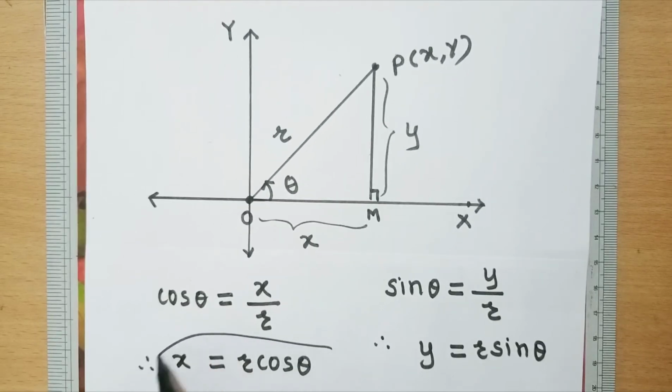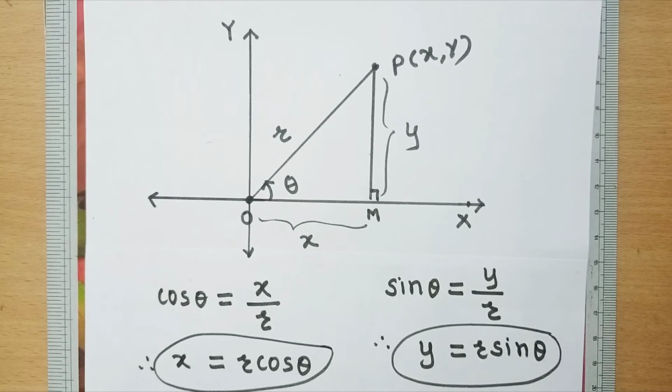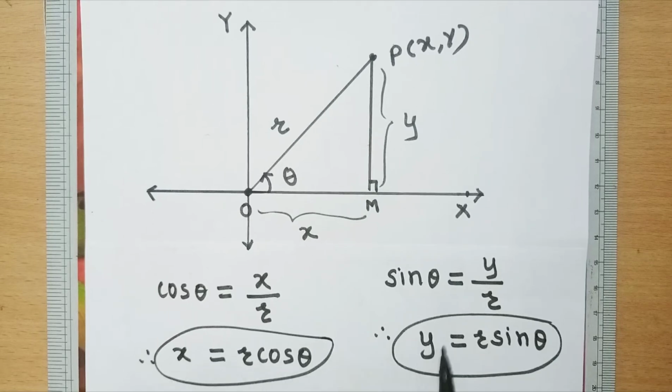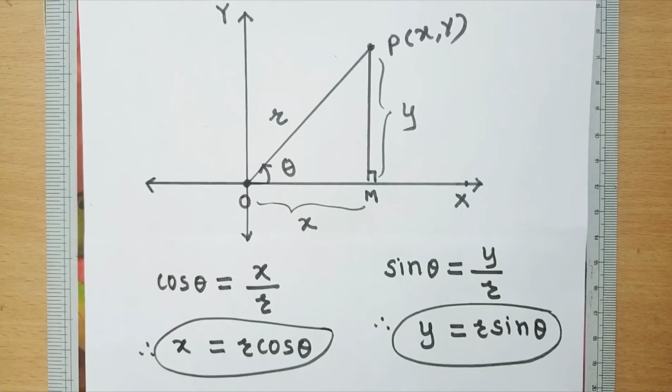We will use these two relations, this is the first relation, this is the second relation, to find r and theta when x, y are given, and also we will find x, y when r and theta are given.